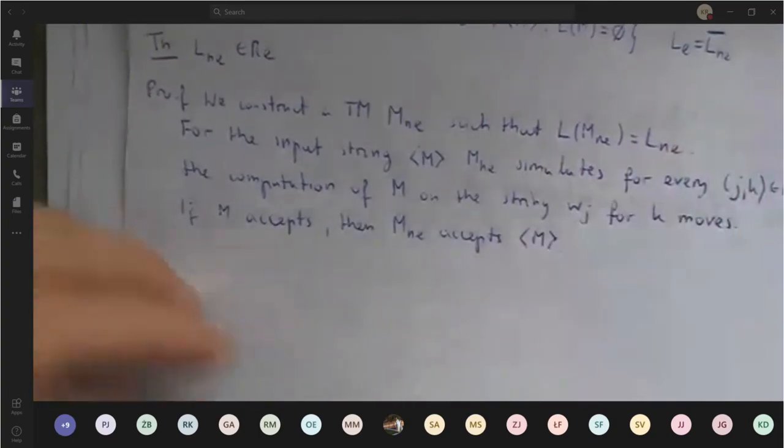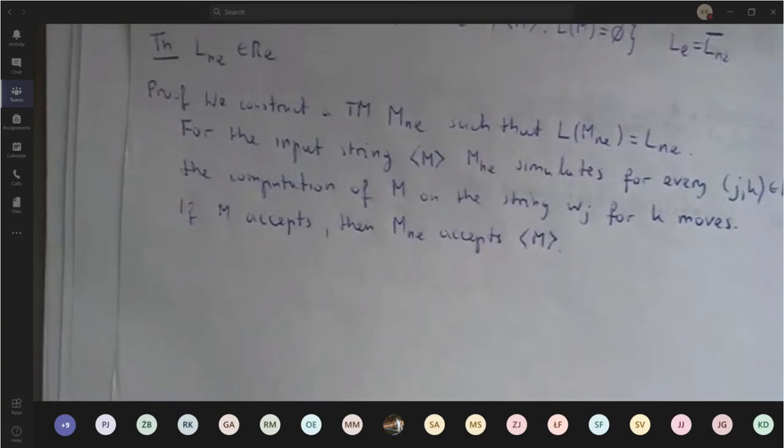Okay, let's discuss it for a moment. So we know that there exists an algorithm that enumerates all these pairs. First, it will generate 0,0, then 0,1, 1,0, 0,2, 1,1, 2,0, 0,3, 1,2, 2,1, 3,0, and so on and so on.